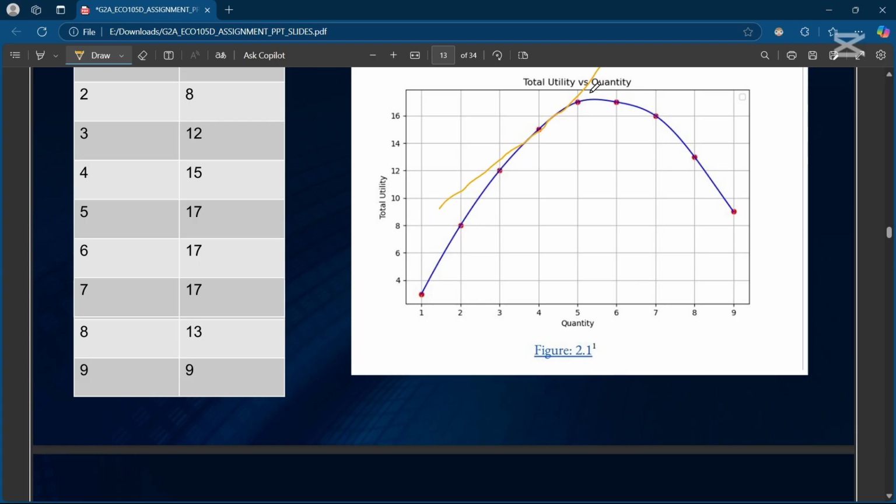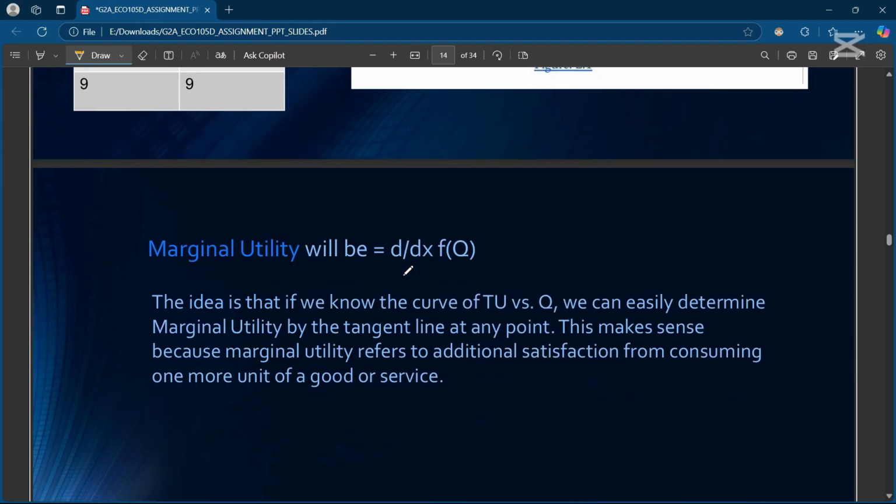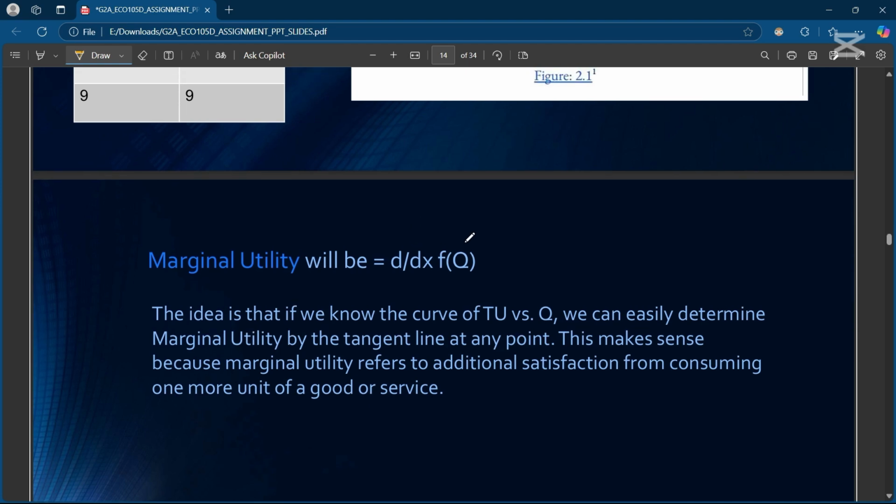The line is called marginal utility. In differentiation, we call it the first derivative of total utility.